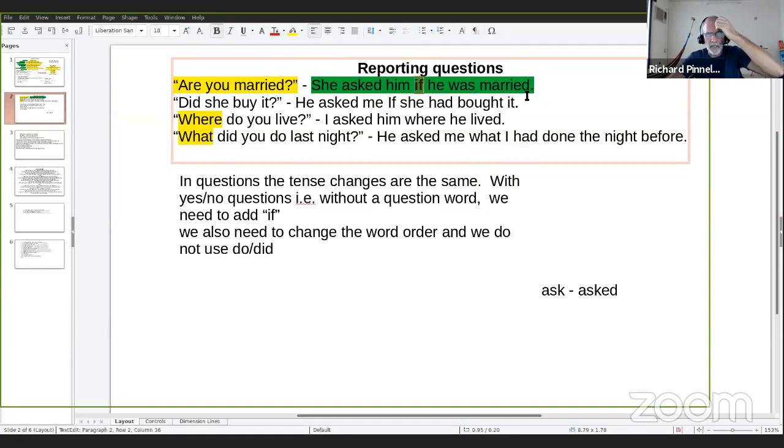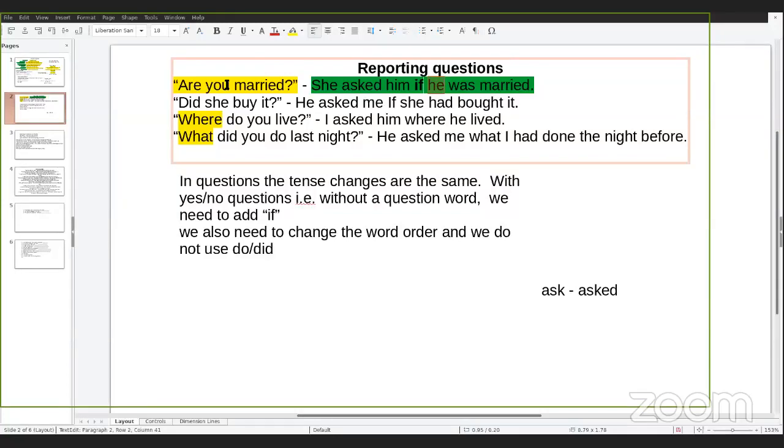And thirdly, we need to change the verb as we did before, so the present becomes the past. So we need to do all the things we did before, which was basically add the reporting verb, change the tense, and change the pronoun. But additionally, we need to do other things.